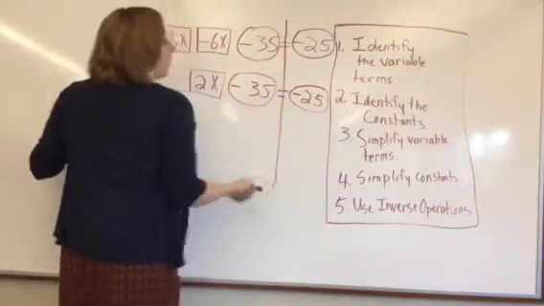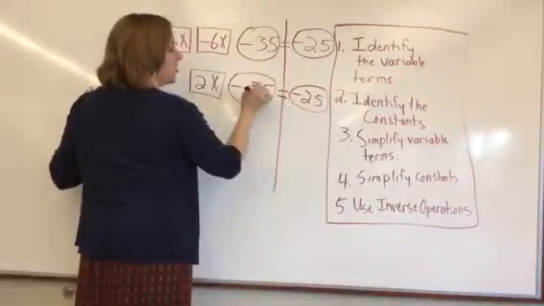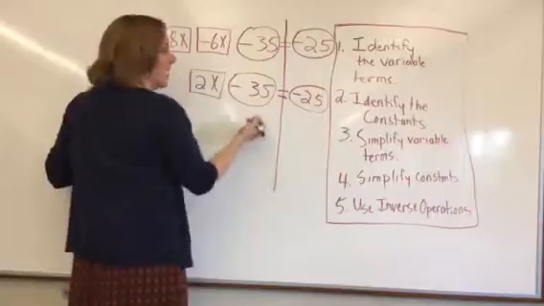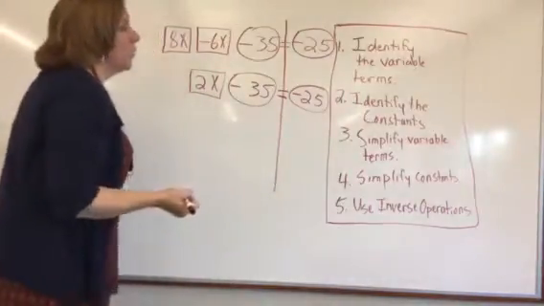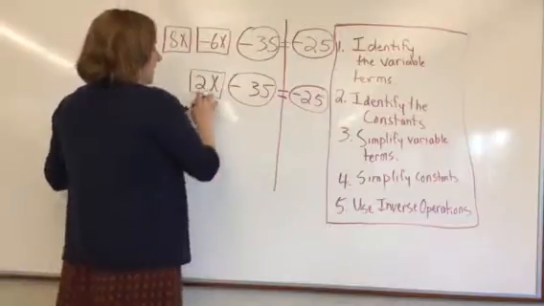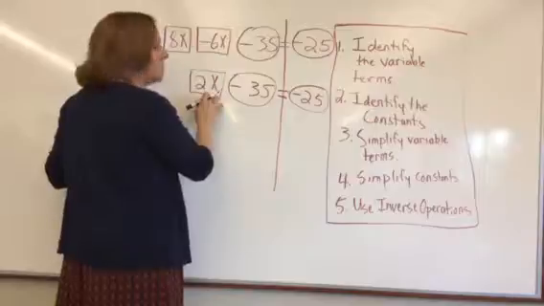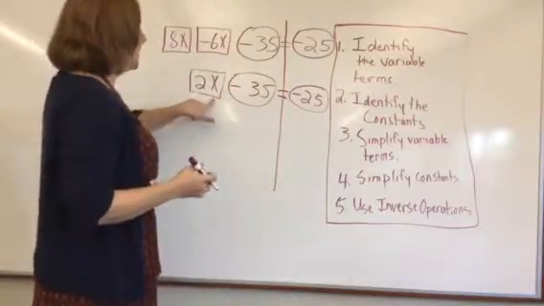Now, what I remember from the last video is that I can't just simplify these two because they're not on the same side of the equal sign. Negative 35 is on the left, negative 25 is on the right. What I do want to do is focus on getting this x by itself. Ultimately, what I'm trying to do, just like with a single step equation, is isolate this variable.